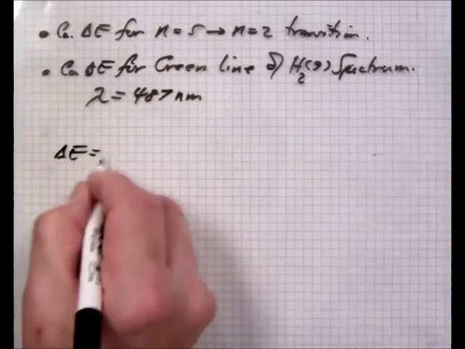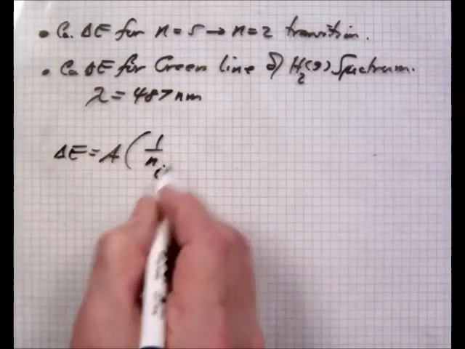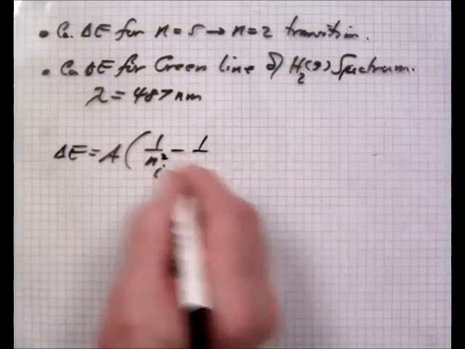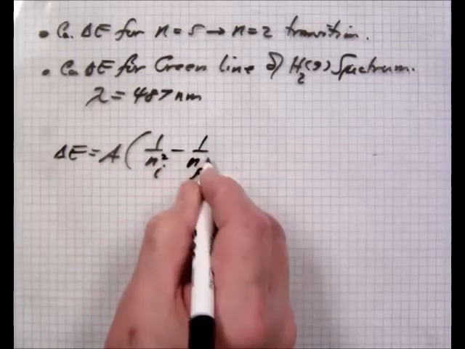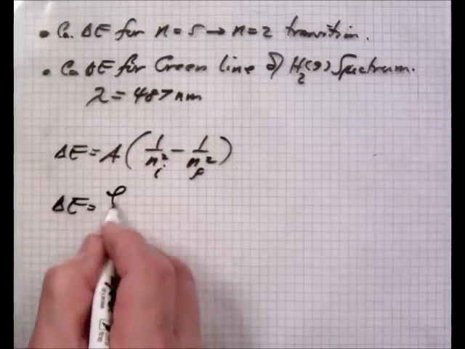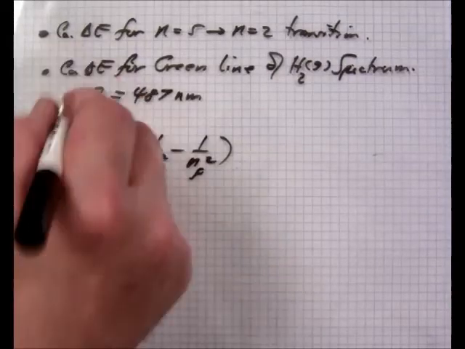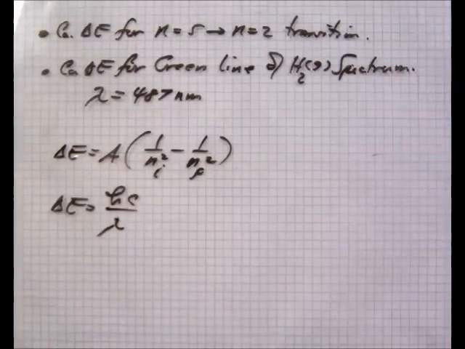Delta E equals A times 1 over n initial squared minus 1 over n final squared, like that. In the second calculation, delta E equals hc over lambda. So you calculate it from the given wavelength in there. So these are two that you need to learn how to solve, because they're going to be repeated.